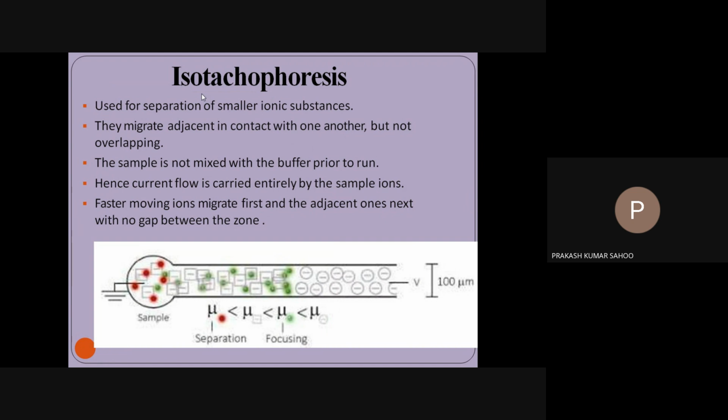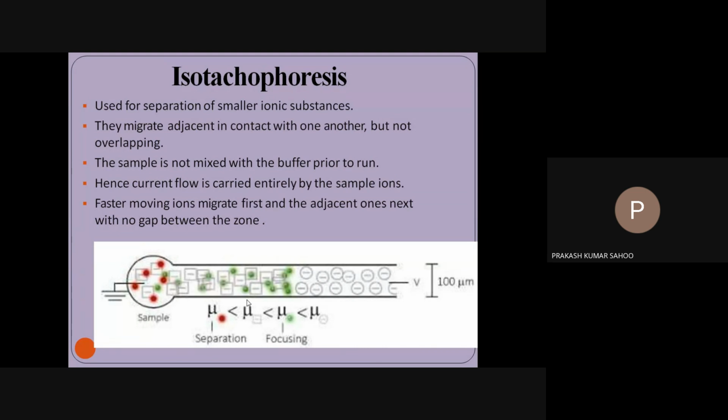This is a unique mechanism. They migrate adjacent to each other, but they do not overlap. The sample is not mixed with buffer prior to the run, hence the current flow is carried entirely by the sample ions.